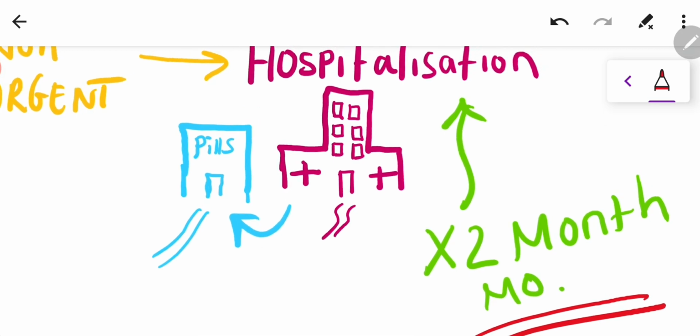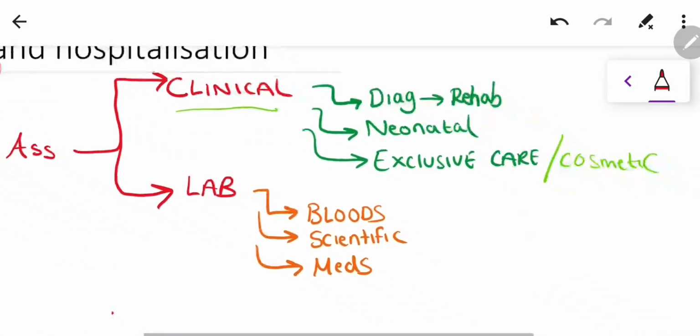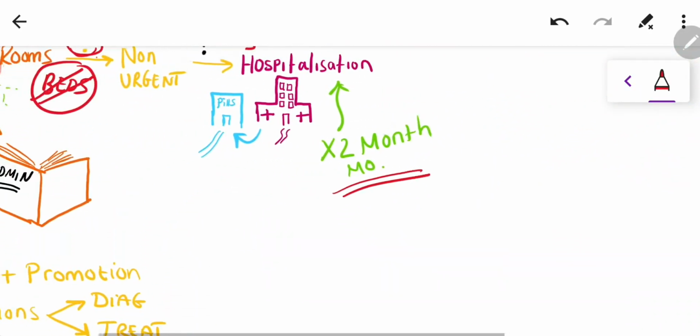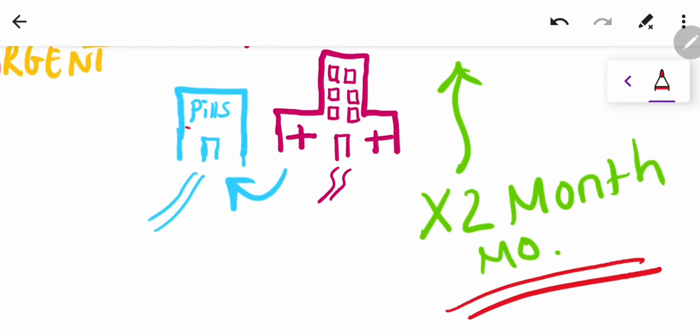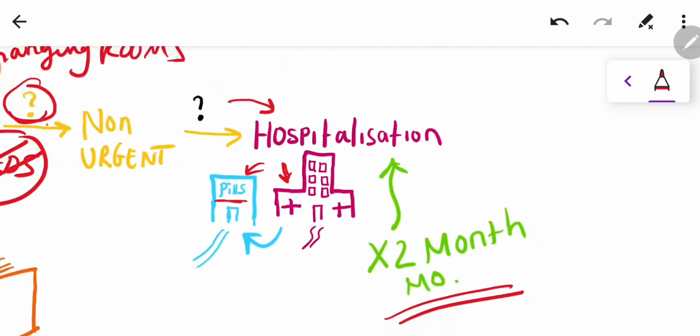We need a pharmacy within it, for the medications. As we can see up here, we need meds. This is the hospital, and we've got a pharmacy nearby.